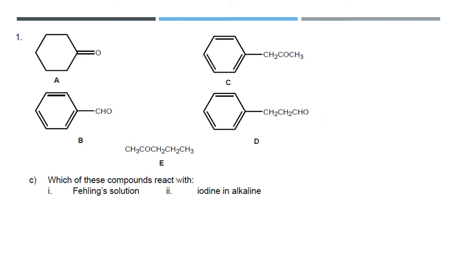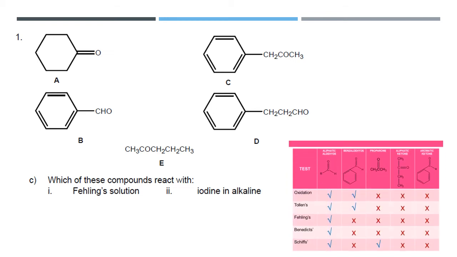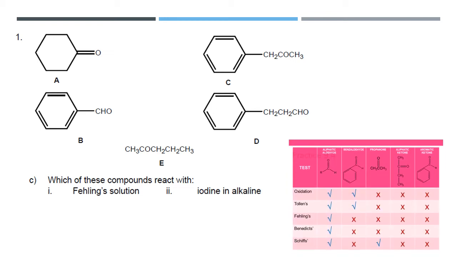For part C, we are going to choose which one of these A, B, C, D, E are going to react with Fehling solution. Fehling solution, if you still remember in our table here of practice 9.4, it will react with aliphatic aldehyde only.